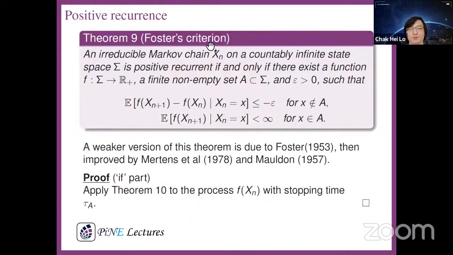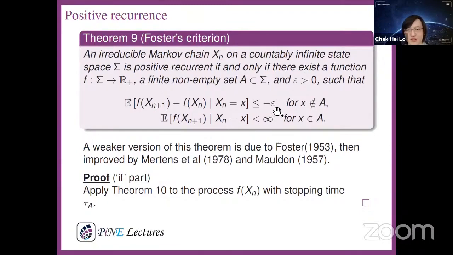Okay, so we have the positive recurrence criterion here, and this is also called the Foster criterion in the literature. An irreducible Markov chain Xn on a countably infinite state space sigma is positive recurrent if and only if there exist a function f, a finite non-empty set A, and epsilon greater than 0 such that these two conditions hold. Look at this condition: for anything that is outside A, we want this very same expectation to be less than or equal to minus epsilon.